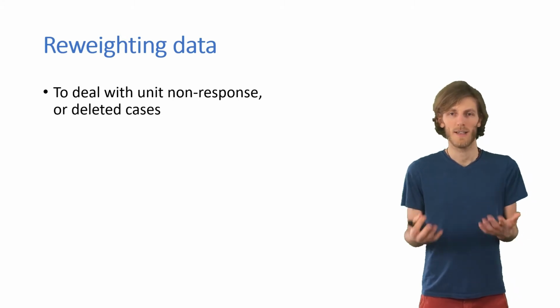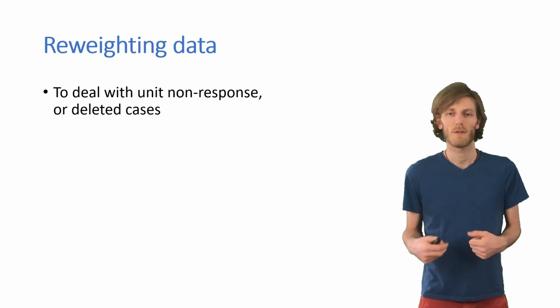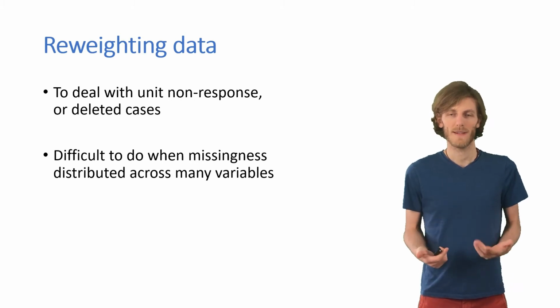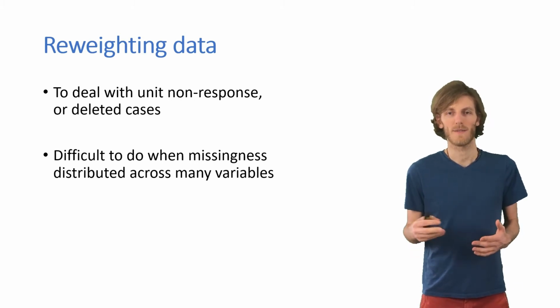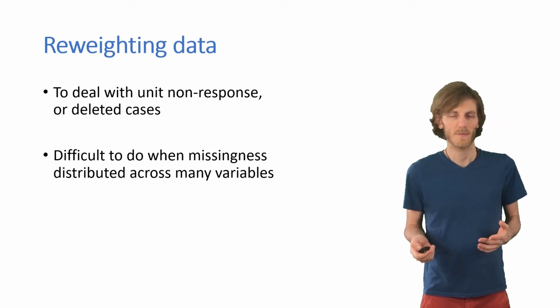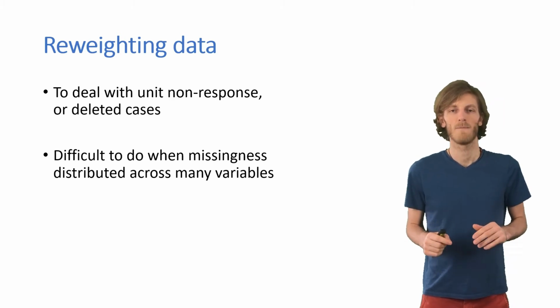If I end up deleting a lot of older people from my sexual preference survey, I might give the remaining ones a higher weight. However, that's quite difficult to do when I have lots of variables with a couple of missing cases. And it's generally something that requires quite advanced statistical knowledge.